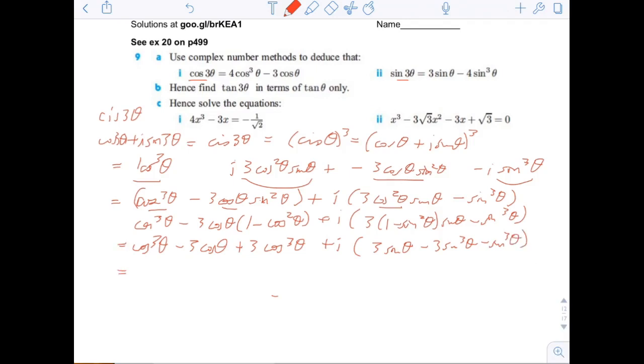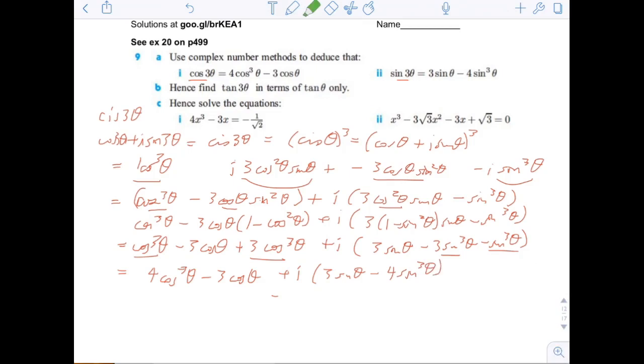And this is going to be cosine cubed theta plus 3 cosine cubed theta is 4 cosine cubed theta minus 3 cosine theta. And the imaginary part is going to be the cubes added together again. So it's going to be 3 sine theta minus 4 sine cubed theta.